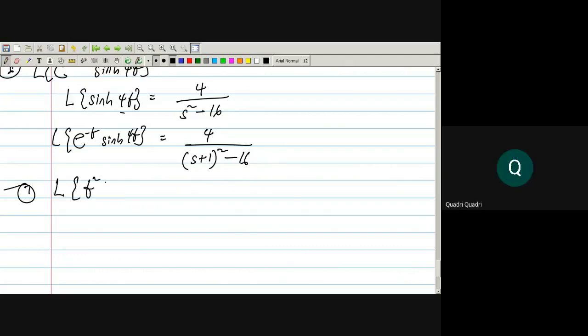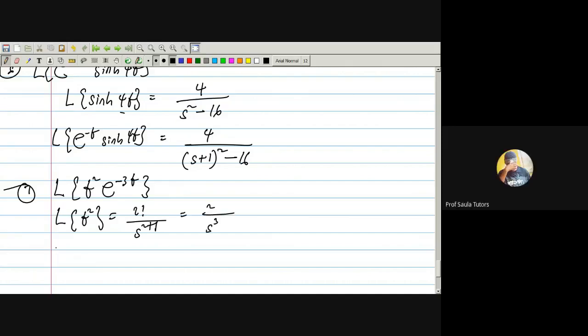Laplace of exponential minus 3t, t squared. Okay, so what do we do? Firstly, since exponential is multiplying, go and find this one: 2 factorial over s cubed. Then the shifting property.